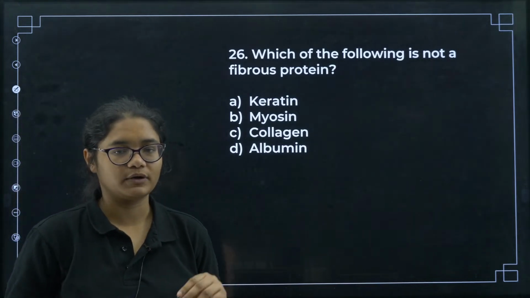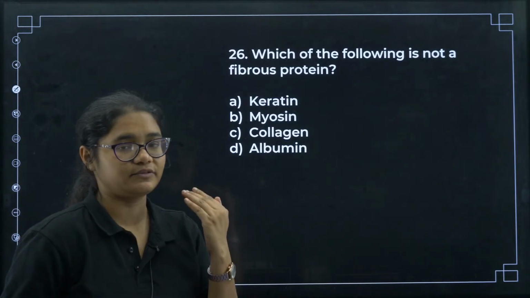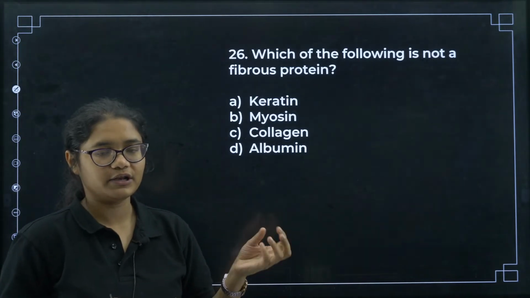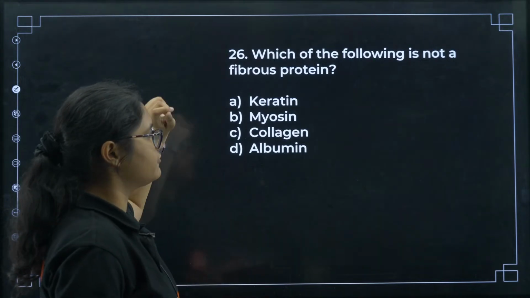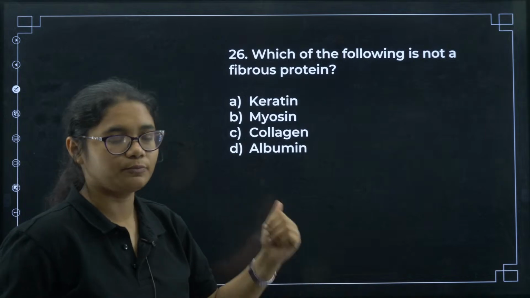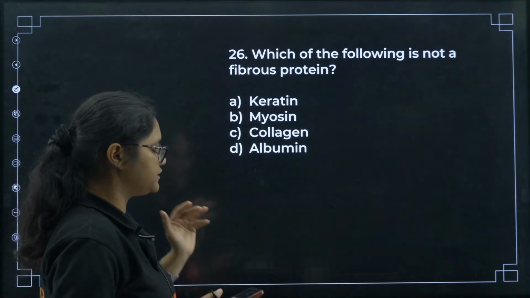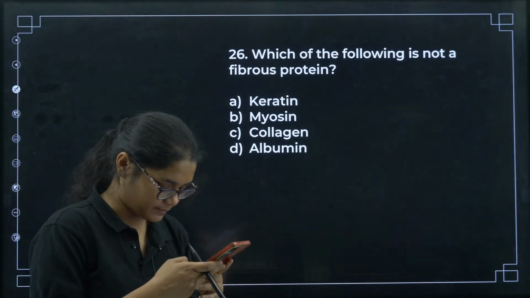Next, which of the following is not a fibrous protein? Okay, so you know proteins are of 2 types on the basis of their shape. They are either globular or they are fibrous. Okay, so you have to tell which of the following is not fibrous, means you have to tell which is globular. Keratin, myosin, collagen and albumin. Very simple question.